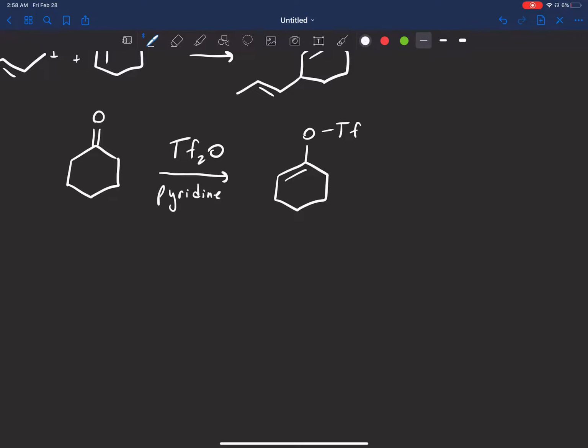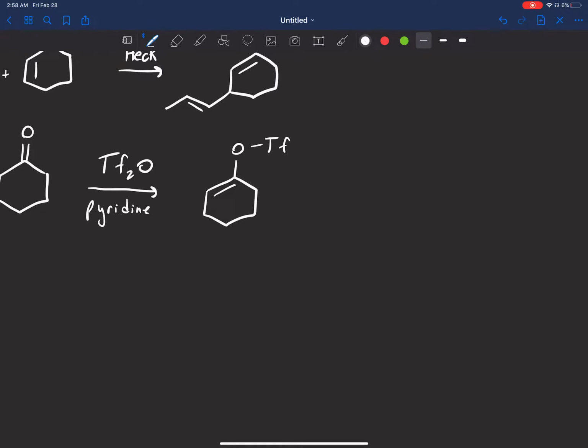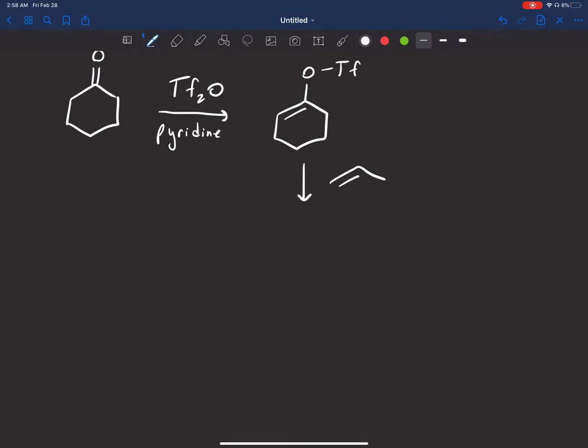So now I'm going to react it with just a plain old alkene. Now what's going to happen is my leaving group, this OTf, gets kicked out, and we're going to be able to do it perfectly. So let's number our carbons. Let's get into that habit. 1, 2, 3, 4, 5, 6, 7, 8, 9.